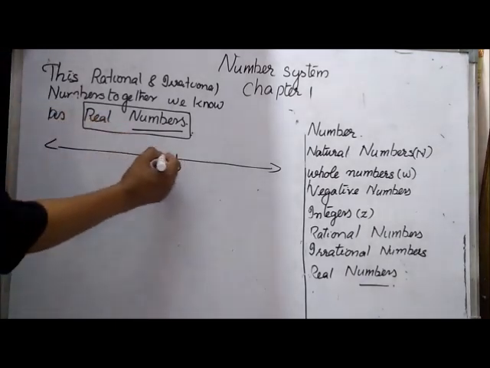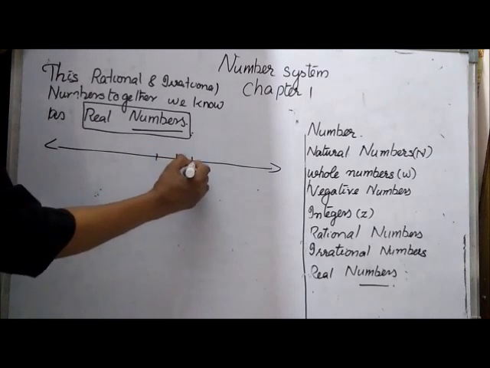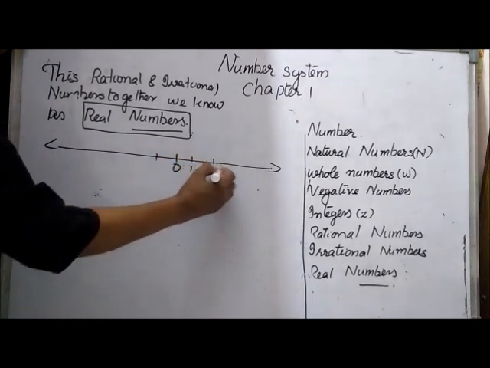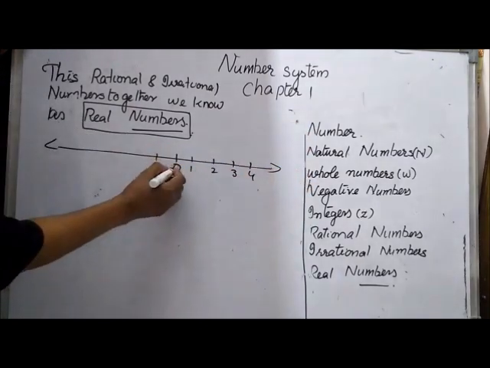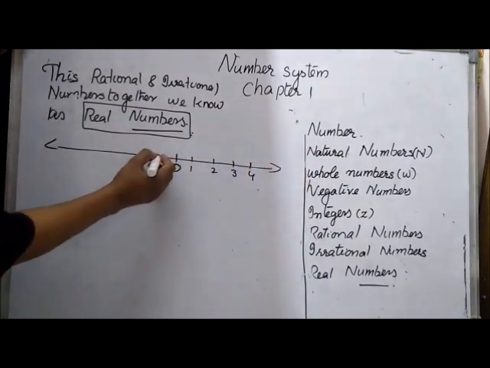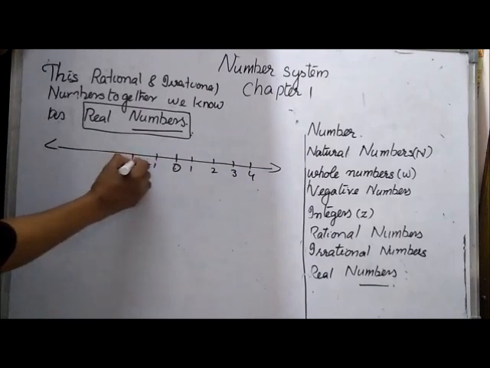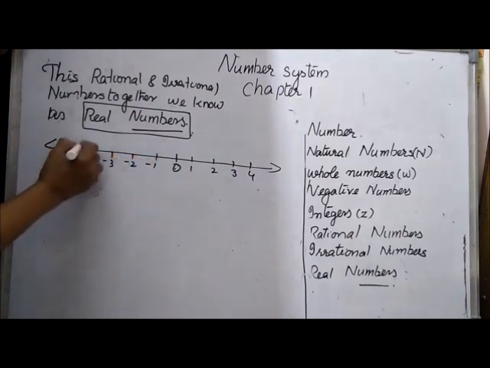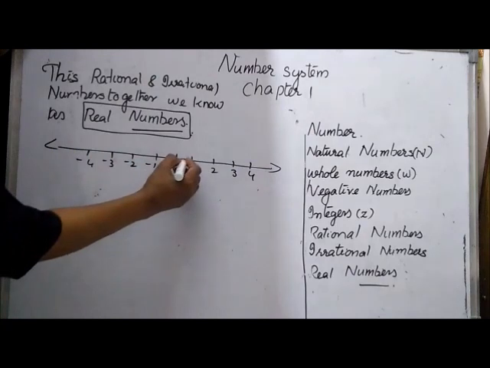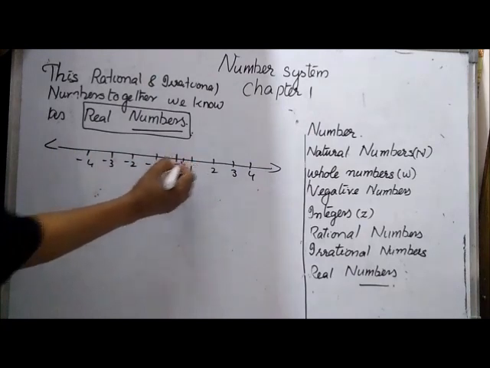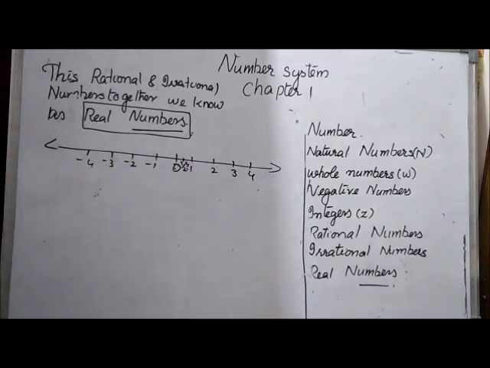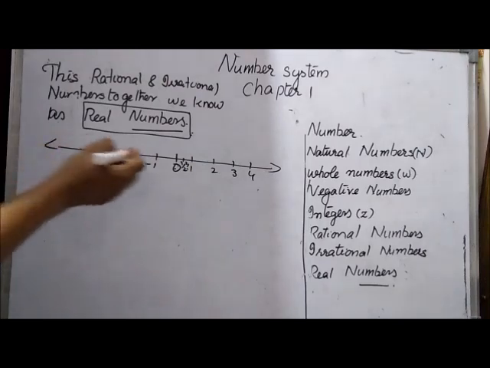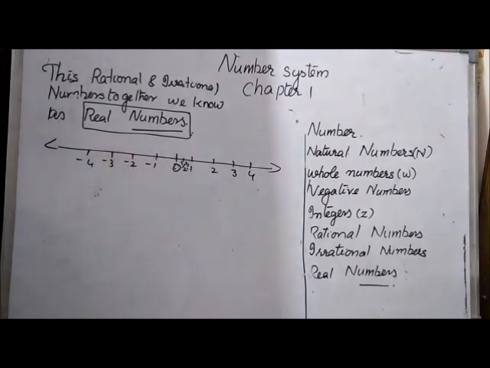So here there should be natural numbers 1, 2, 3, 4, etc. Next whole number from 0, now negative numbers -1, -2, -3, so on. And fractions 1/2, 3/4, like that we can substitute. We can find the points of fractions, and decimals also are there.